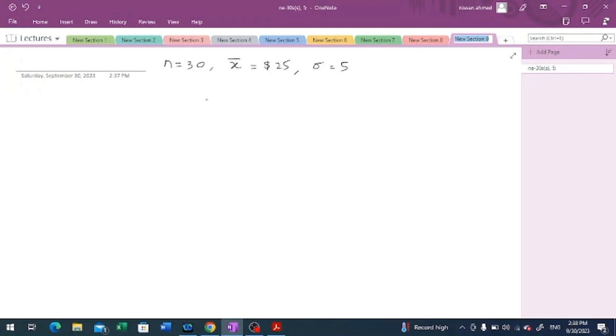And if you are asked to construct a 95% confidence interval for population mean mu.